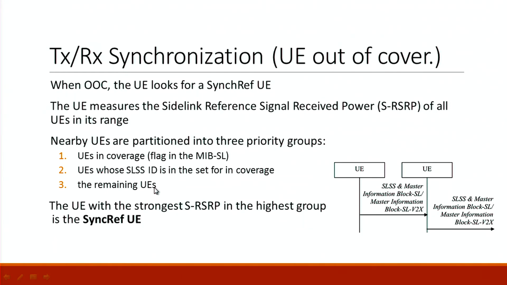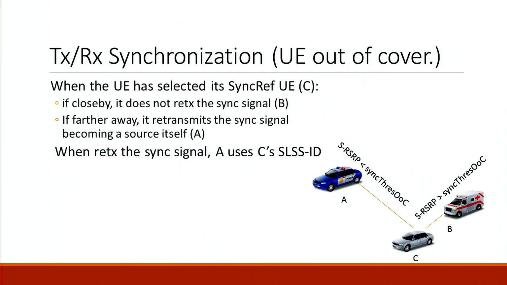And then there's a third group, all the other UEs. That is UEs that do not advertise to be in coverage and whose ID is higher than 167, because it means that they are not even receiving their own synchronization from another car, from a car that is under coverage.